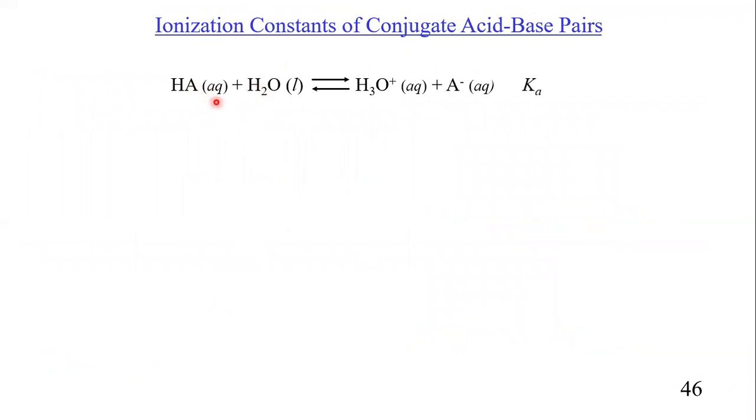Now, for a couple HA with A minus, both in water solution, the HA is governed by its Ka, and the A minus is governed by Kb.